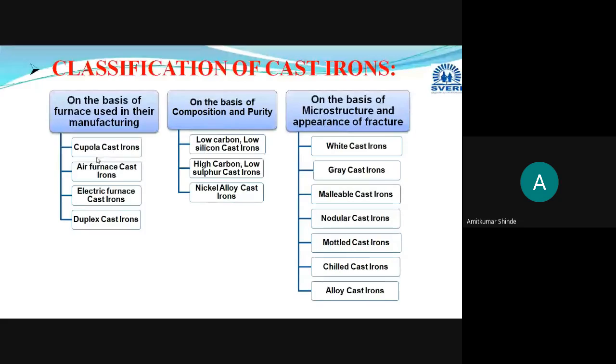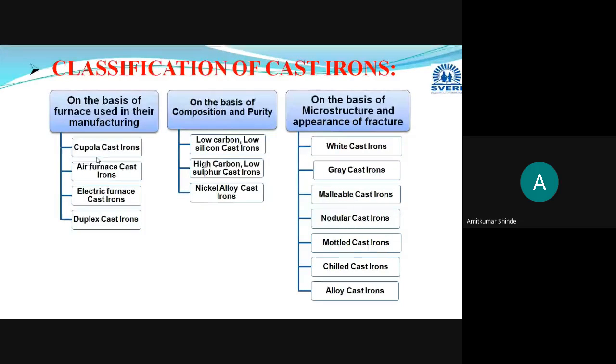Suppose initially you have used the cupola furnace for melting the cast iron material, that is your first furnace. And if you have done the remaining heat treatment or refining process in the electric furnace, it means you have used two furnaces.